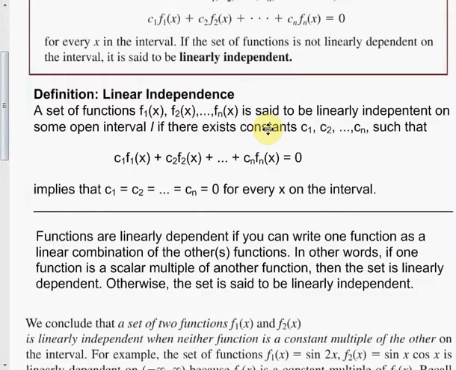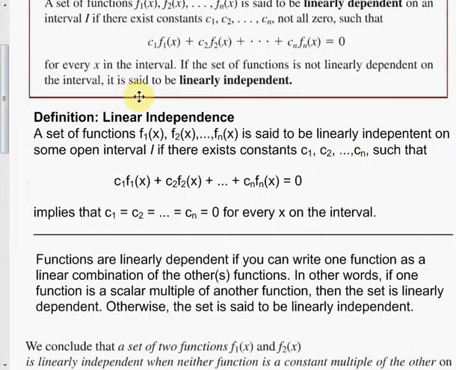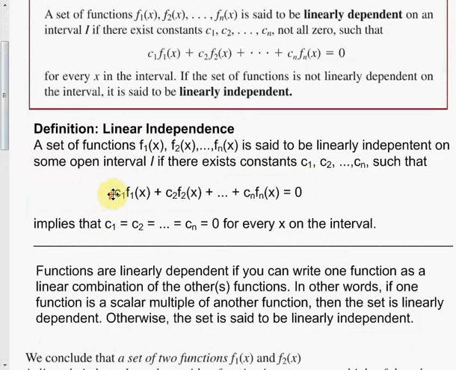Let me back up and see what the author said. So he says that if there exist constants, not all 0, that's for linearly dependent, such that the linear combination equal to 0. So his definition is not strong in that the implication is not stated in the right part.